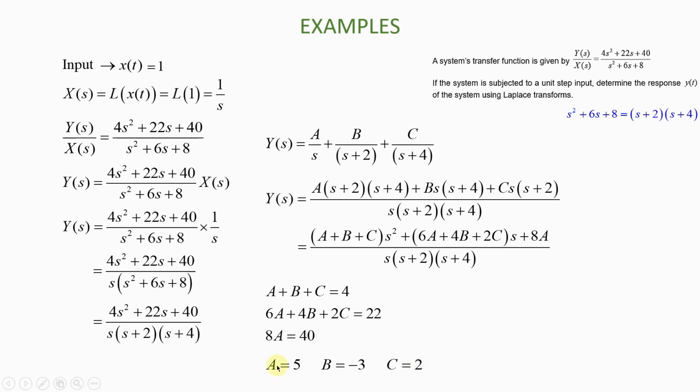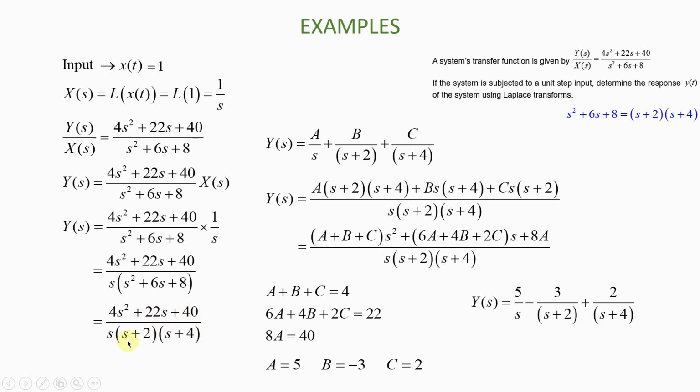Now that we have A, B, and C, we can now write Y(s) here and replace A, B, and C by their values. Okay, so if we do that, this is what we get. And this Y(s) that you have here, if you put it all under the same denominator, you will end up with this expression.